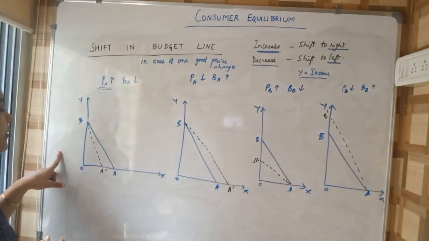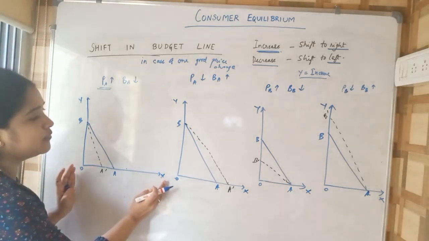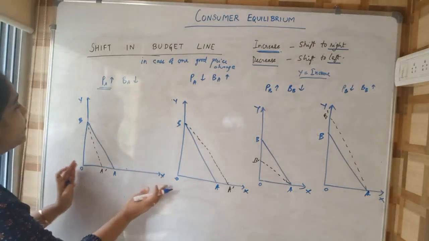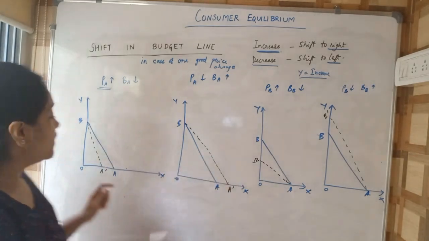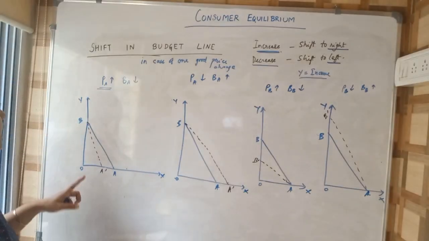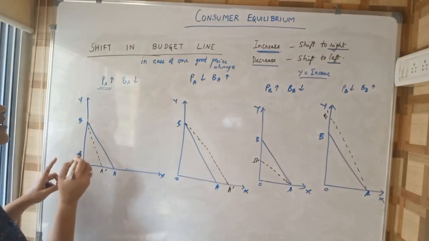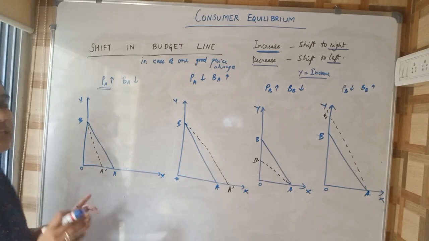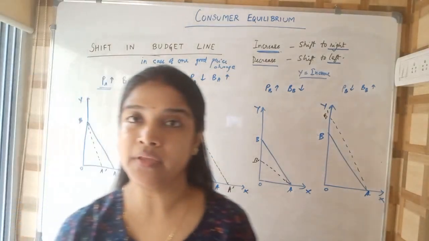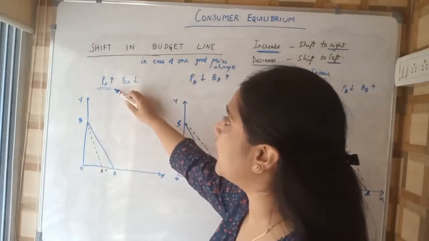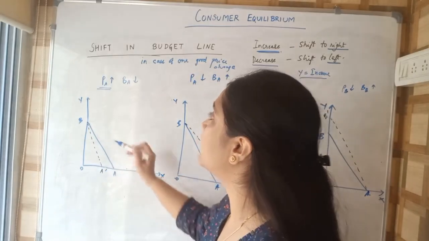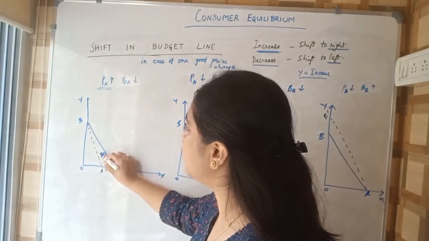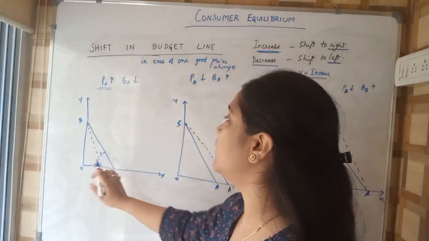So what will happen? Now we are taking x-axis for good A and y-axis for good B in all the four sections. Now if the price of good A increases, there will be no change in good B. If the price of good A increases, the budget of good A will decrease, because the price of good A has increased. So it will shift to the left hand side.